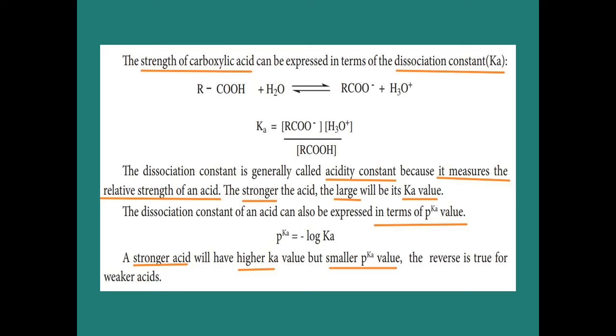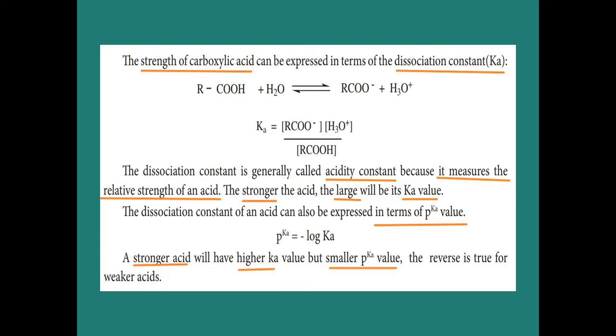In the previous slide we saw the strength of acid in terms of resonance structure. Now we are going to see the strength of acid in terms of dissociation constant. See the reaction: as the acid is added with water, we get the carboxylate anion as one of the products along with the hydronium ion.